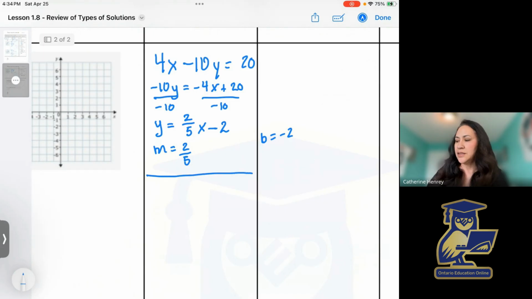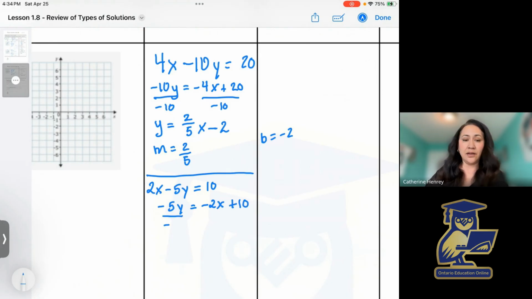Taking a look at the second equation, this was 2x minus 5y equals 10. Moving the 2x over, I will have negative 5y is equal to negative 2x plus 10.